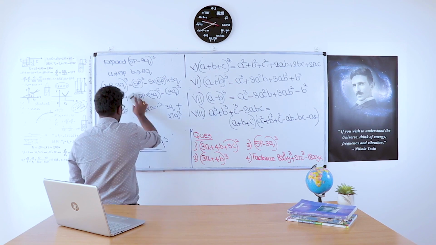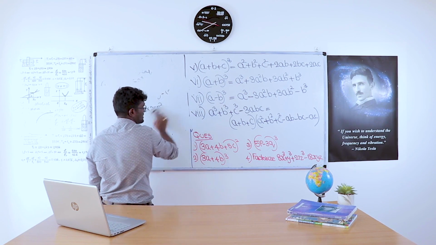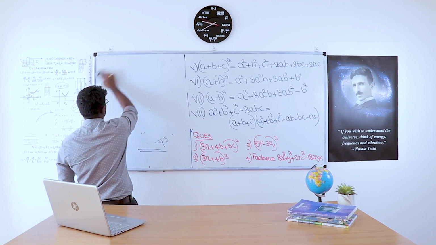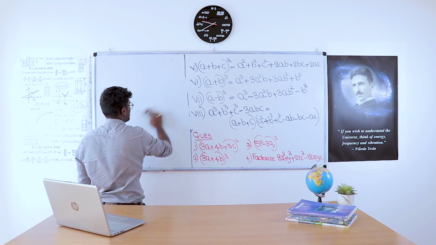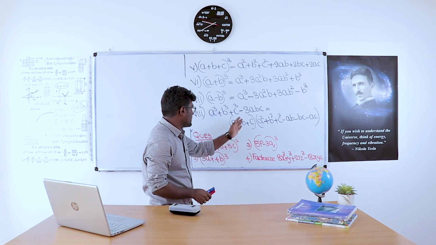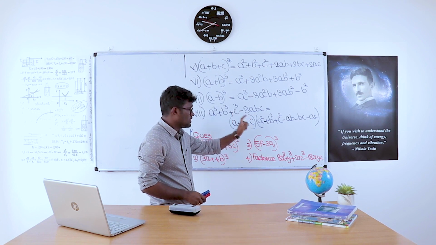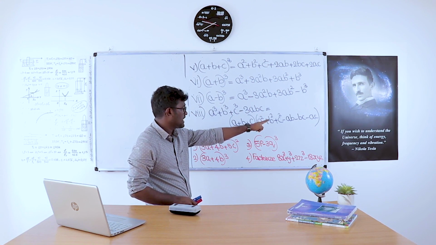So moving to the last one, the last identity. The last identity is a cube plus b cube plus c cube minus 3abc, and the result is (a plus b plus c) into (a square plus b square plus c square minus ab minus bc minus ac).